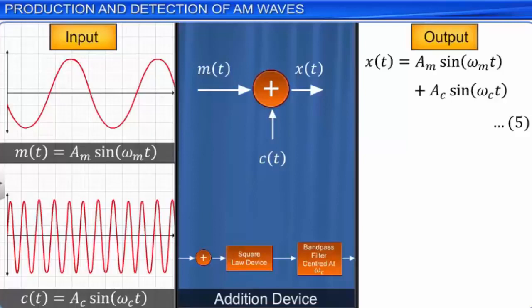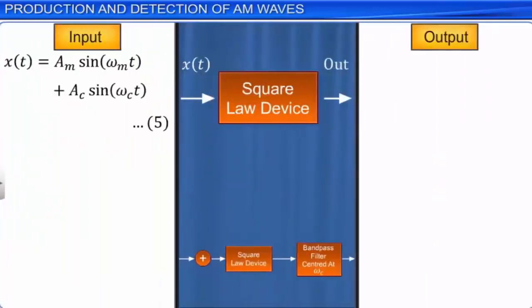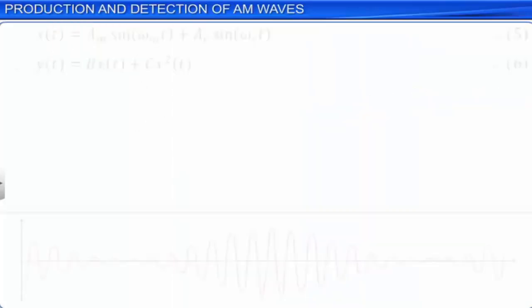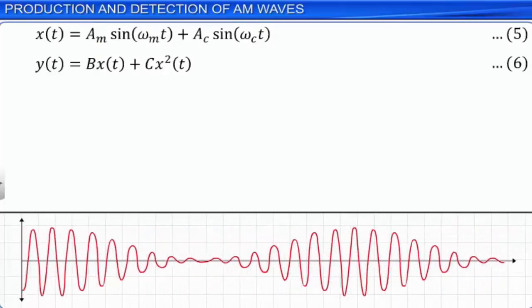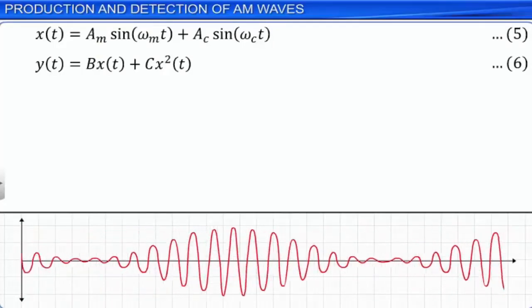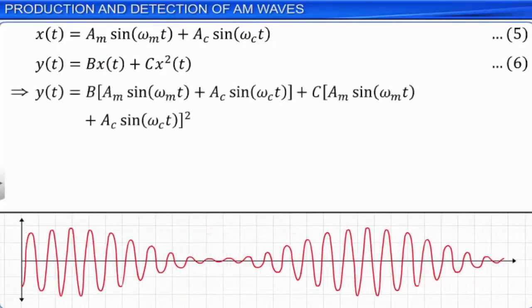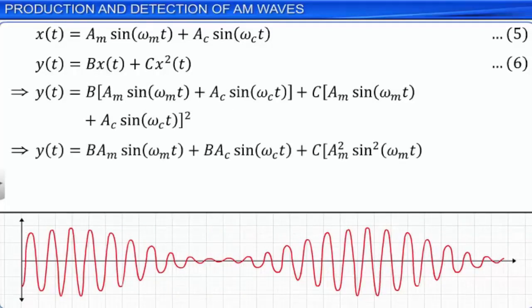The output of the addition device is passed through a nonlinear square law device, whose output y(t) is as given by equation 6, where b and c are constants. Substituting the value of x(t) from equation 5 in equation 6 and simplifying, we get equation 7.